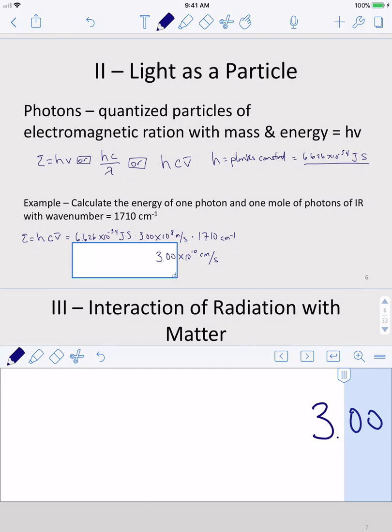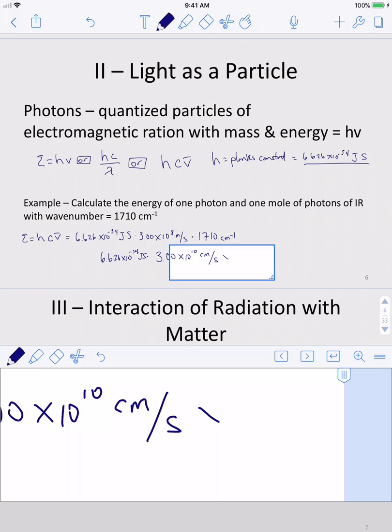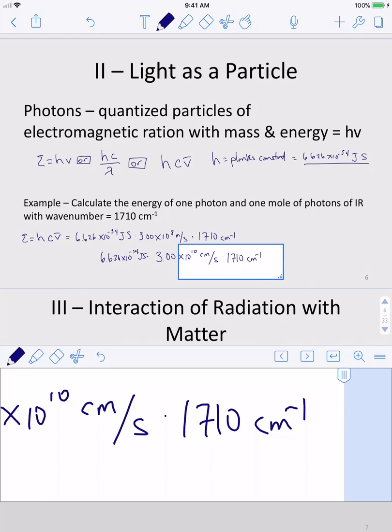So again, we multiply by Planck's constant, same, 6.626 times 10 to the negative 34 joule seconds, times our 1710 centimeters minus 1 for our wave number. And we look at this, and what's going to cancel out?